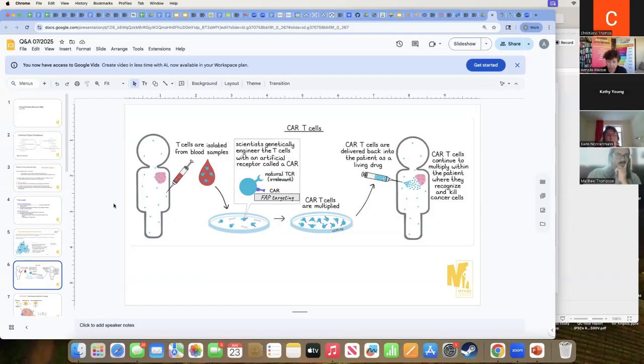So in our syndrome, the T cells would be modified to have this arm to recognize the FAP, so the fibroblast activation protein. Then we grow those cells and we re-inject the cells in the patient, and they are going to continue to multiply within the patients and recognize and kill, not for us the cancer cells, but the fibrotic cells.